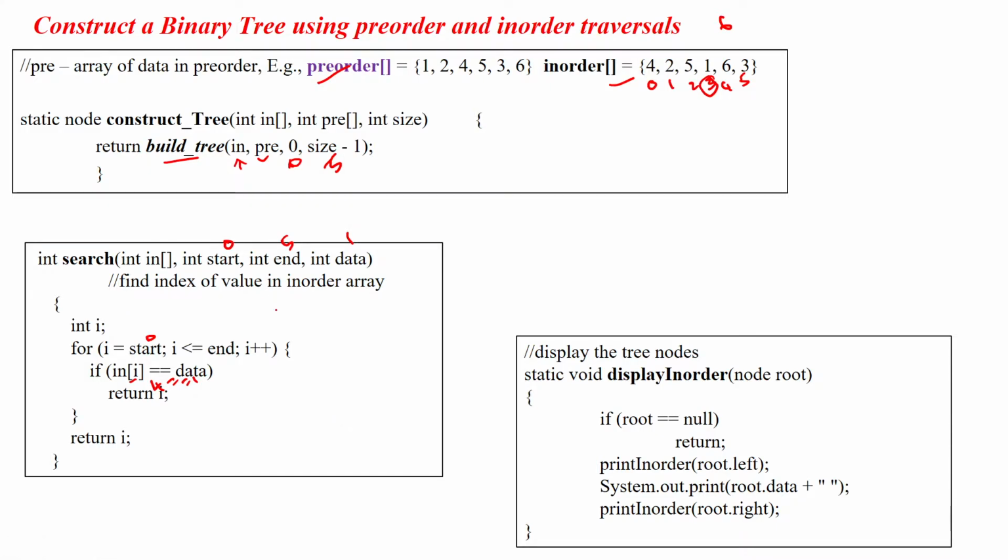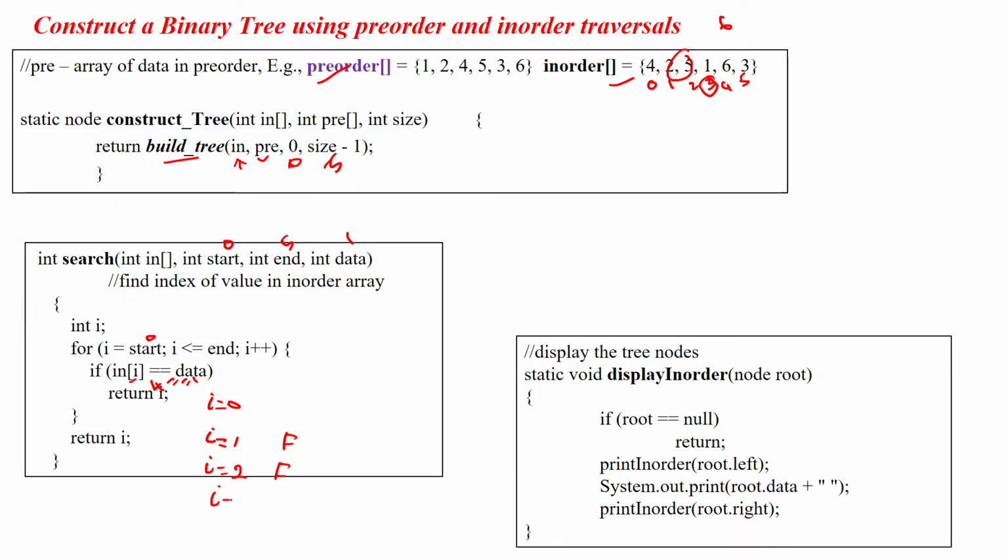Then iteration number 1: inorder of 1 is 2, which is also false. Then iteration number 2: inorder of 2 is 5, this is also false.